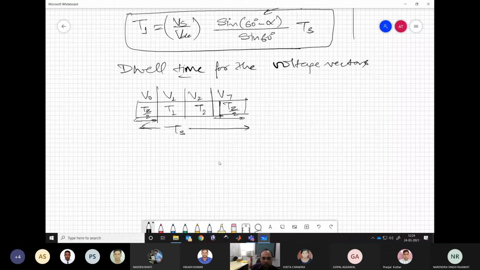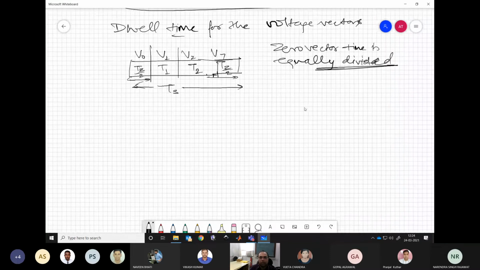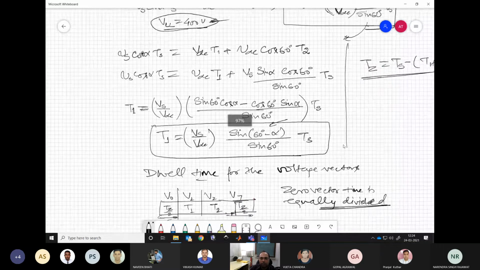So maybe we should draw something like a more realistic thing. Something like this. So more or less these two are equally divided. So the zero vector time is equally divided. Now, if you see from the hexagon point of view, what is happening to this?